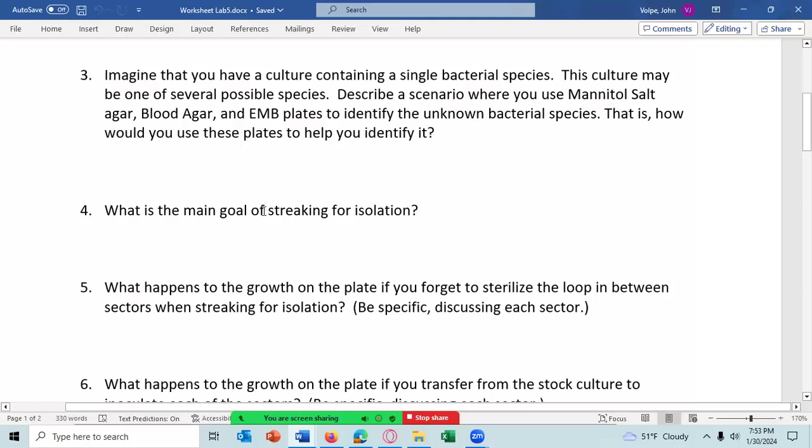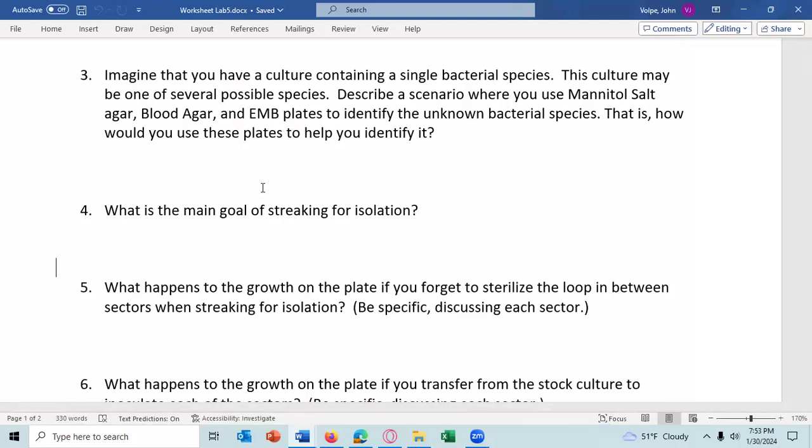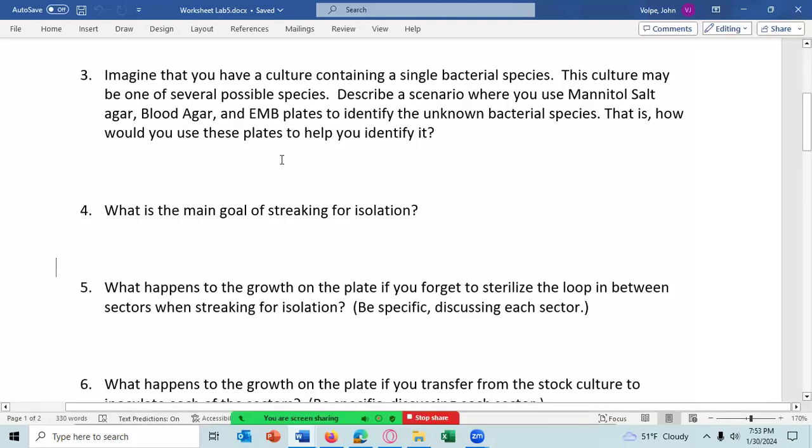So you must describe 2 different characteristics of the plate, the media, to get full credit for this question. If you only give one property from each plate, you'll only get half credit on this question. Any question about any of that?